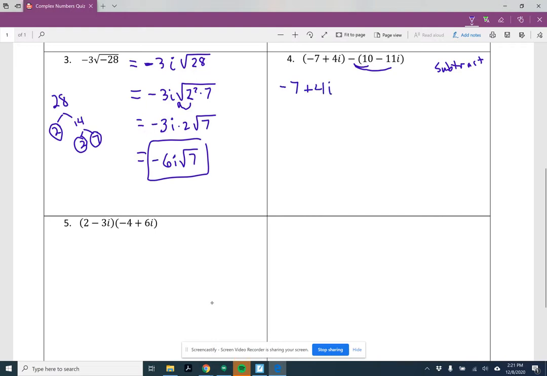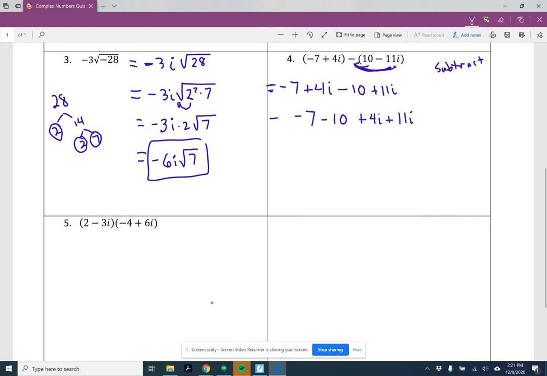These first parentheses are just grouping. They're not doing anything else. A minus 10, and we subtract a negative 11i. We're really adding 11i. That negative turns into a positive, subtracting a negative. Double negative. Now we combine like terms. I'm going to move them around a little bit. I have a negative 7 and a negative 10. I have a positive 4i and a positive 11i.